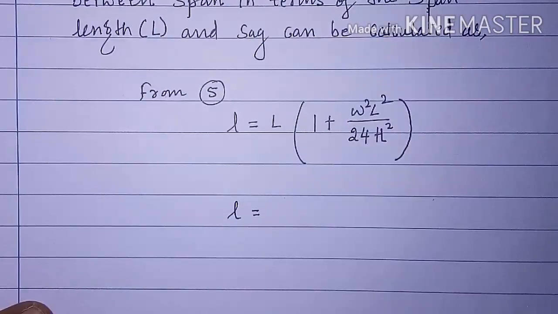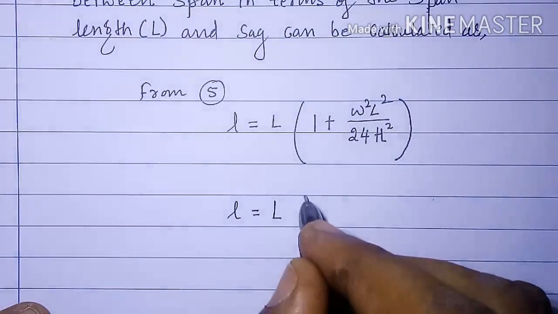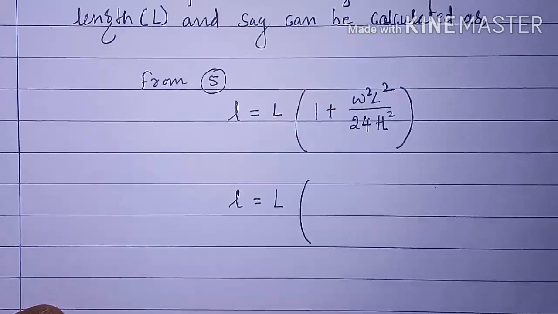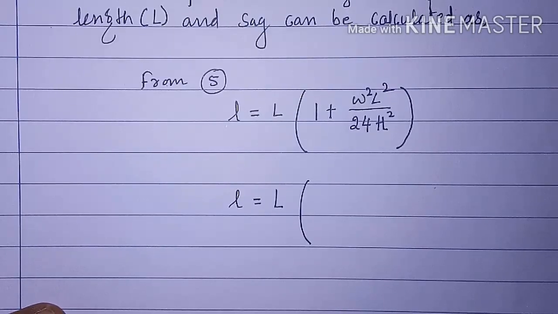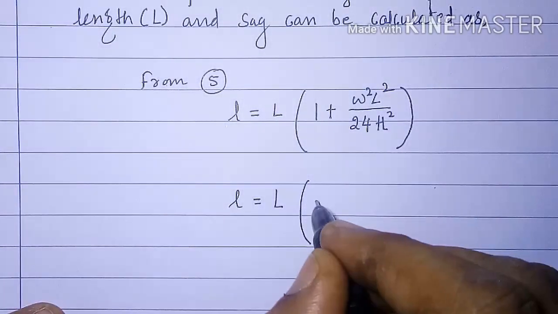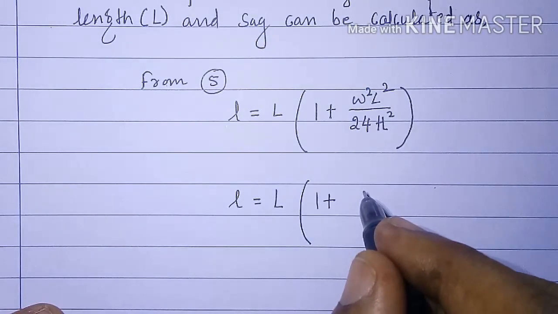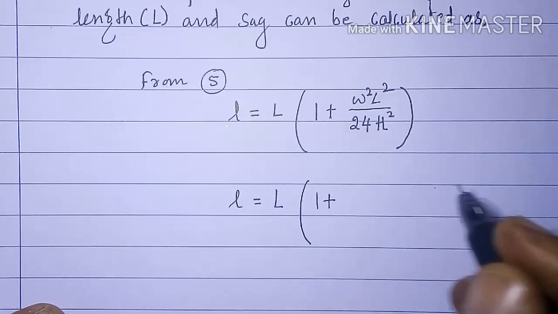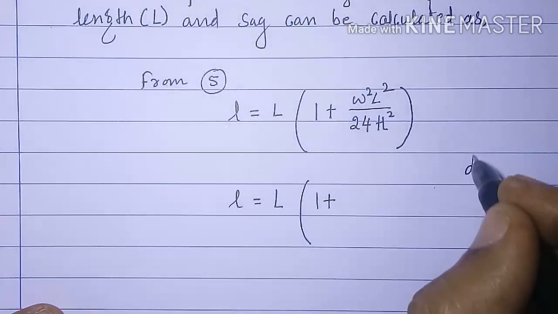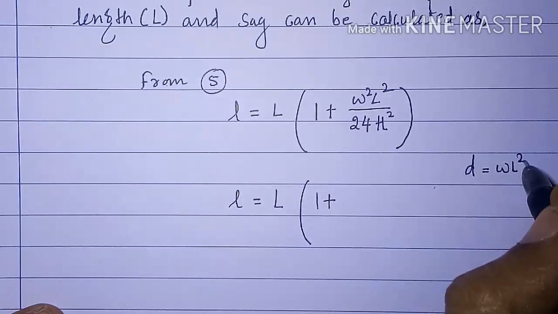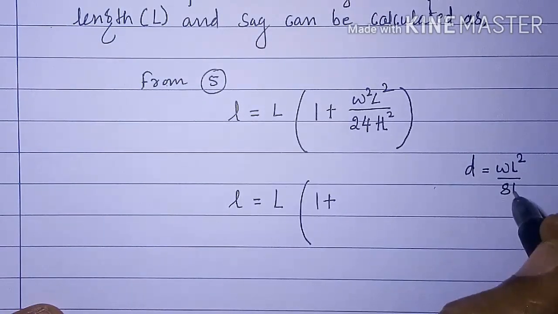This l I will write in the form so that we can substitute for D value, that is capital L into the bracket 1 plus... we have D is equal to WL square upon 8H.